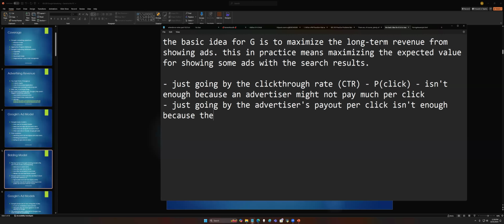Because the ad itself might generate very few to zero clicks, right? If the ad isn't getting clicked on, then it doesn't matter how much the advertiser is paying per click because there aren't going to be any clicks. All right, so these are the basic problems that Google has to deal with.